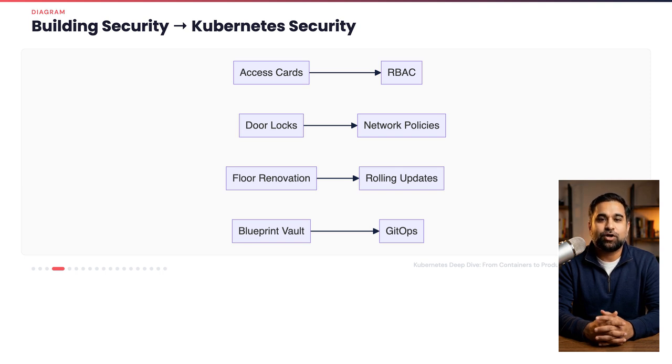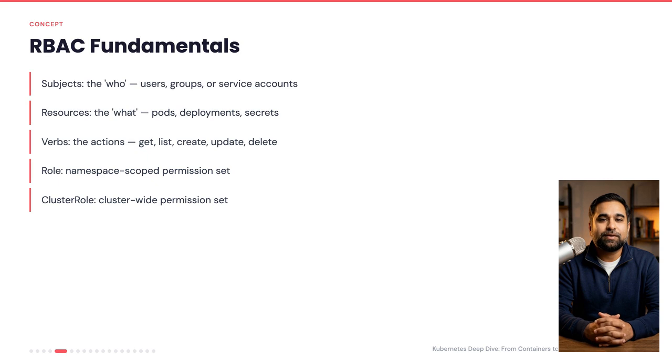If something goes wrong, you can restore that floor. This is exactly how rolling updates work. And finally, imagine every change requires formal blueprints stored in a secure vault, requiring review and approval. That's GitOps. Your cluster's desired state lives in Git. Keep this building in mind as we go through each concept.